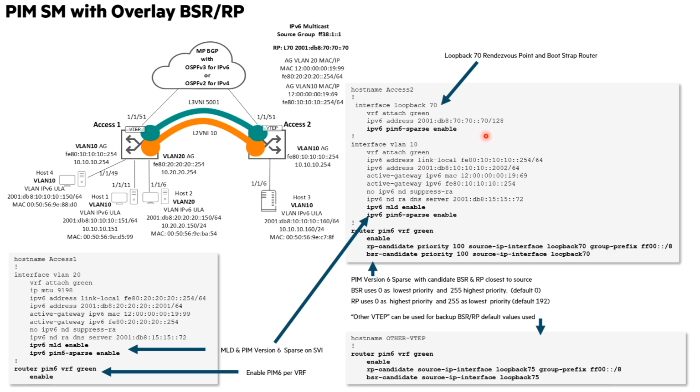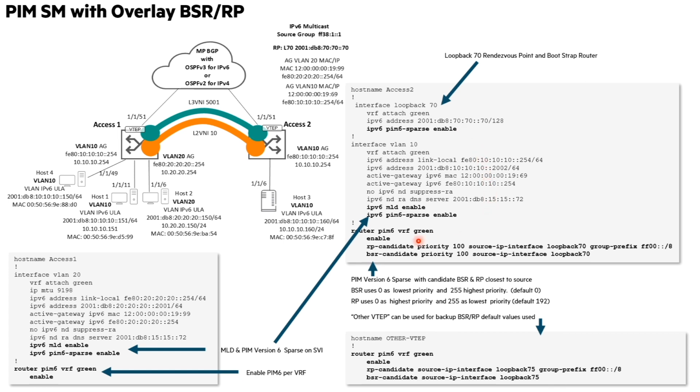So I'm using a loopback in this instance to be my rendezvous point and bootstrap router, which is loopback 70. I've given it an IPv6 address, and enabled PIMv6 sparse on that loopback.